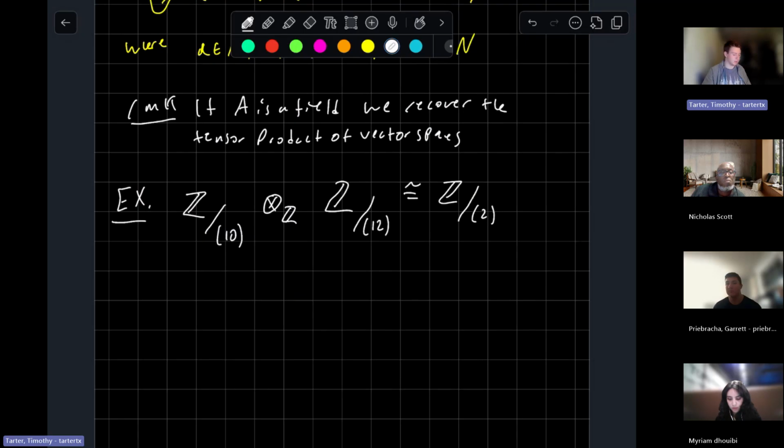Okay, so it does mean Z mod 12. So this is Z mod 10. This is how Vakil denotes mod, which is a really weird way of doing it.